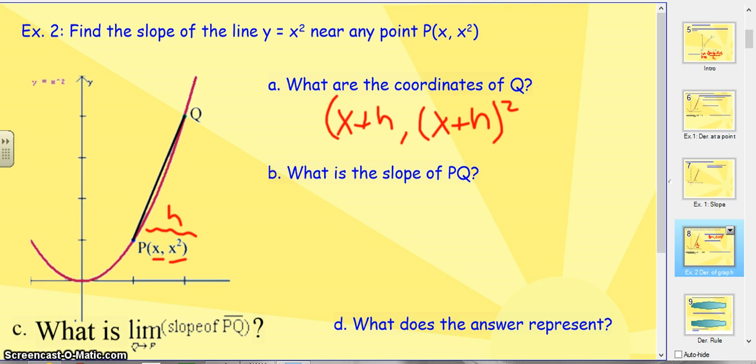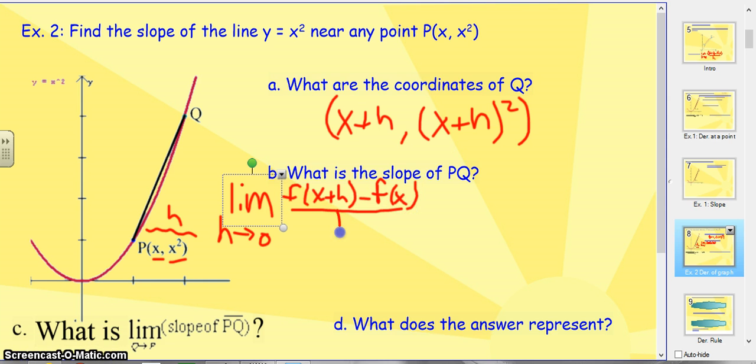We're going to do our limit formula: the limit as h approaches 0 of f of x plus h minus f of x all over h. So again, we're plugging it in. It would be x plus h squared minus x squared all over h.